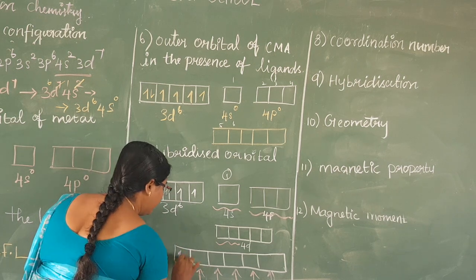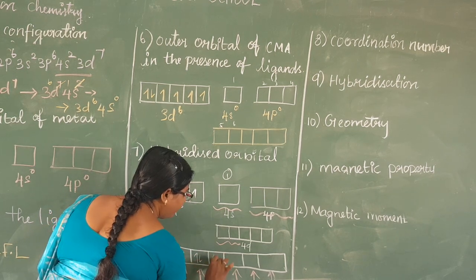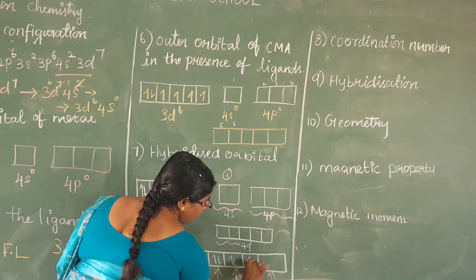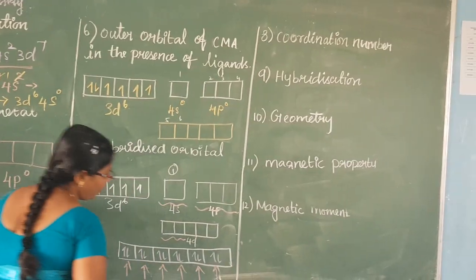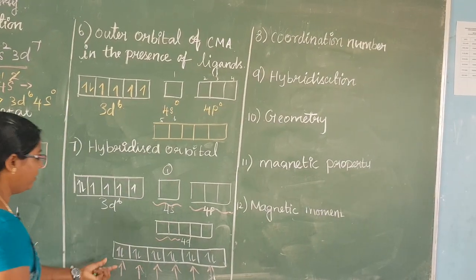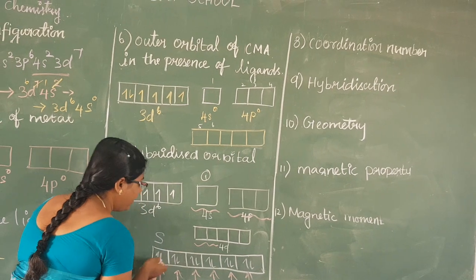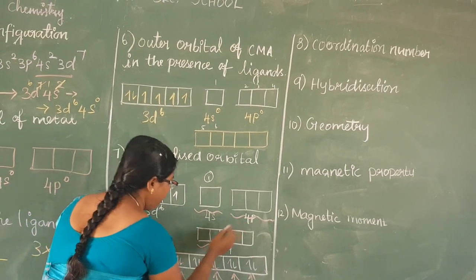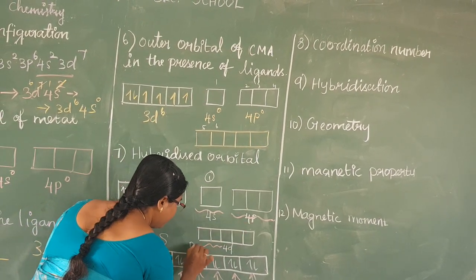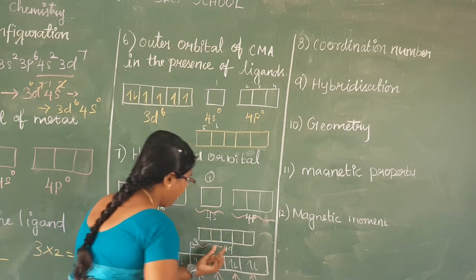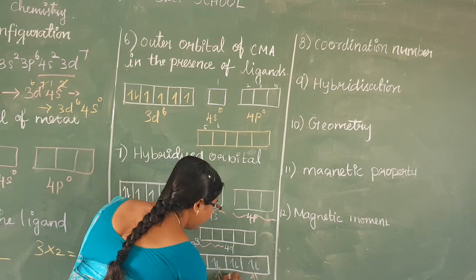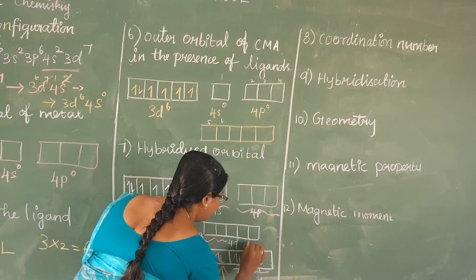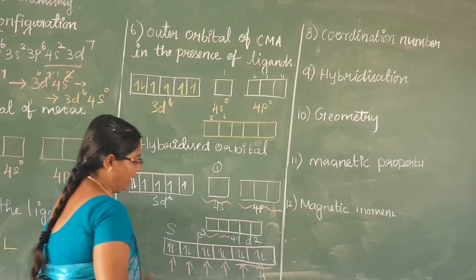So we are getting the pair of electrons. So this is called the hybridized orbital. Okay, 1 s orbital from 4s and 3 p orbitals from 4p and 2 d orbitals from 4d I am taking.